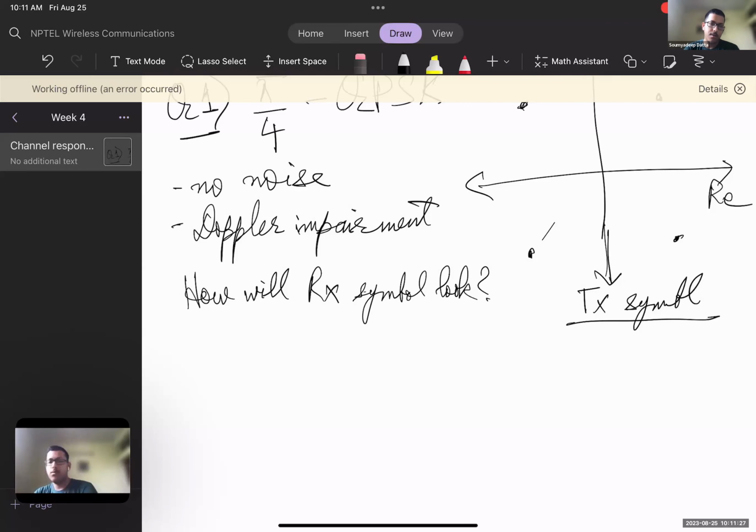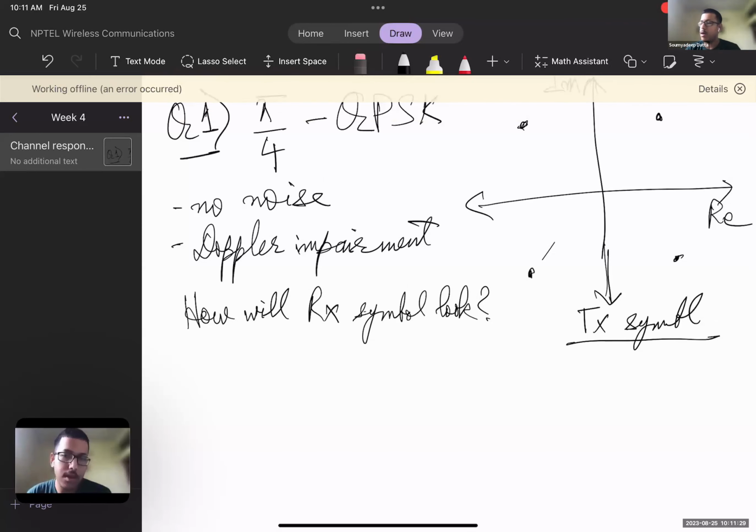By this I don't mean the received symbol at a specific instance, but let's say you are recording traces over a long period of time, plotting all of the received symbols, and then showing me the plot. How will the received symbol plot look?